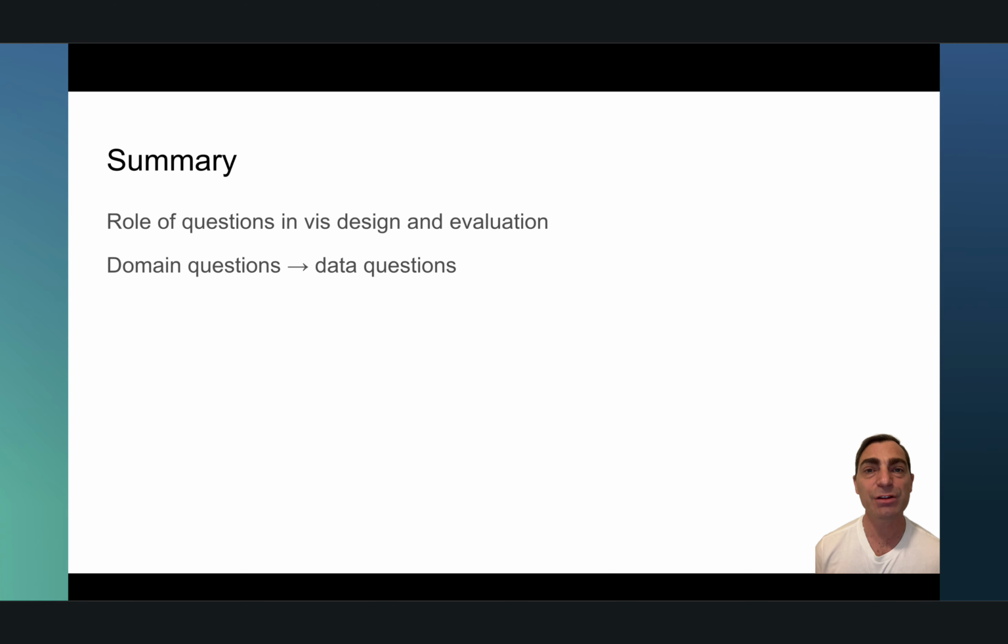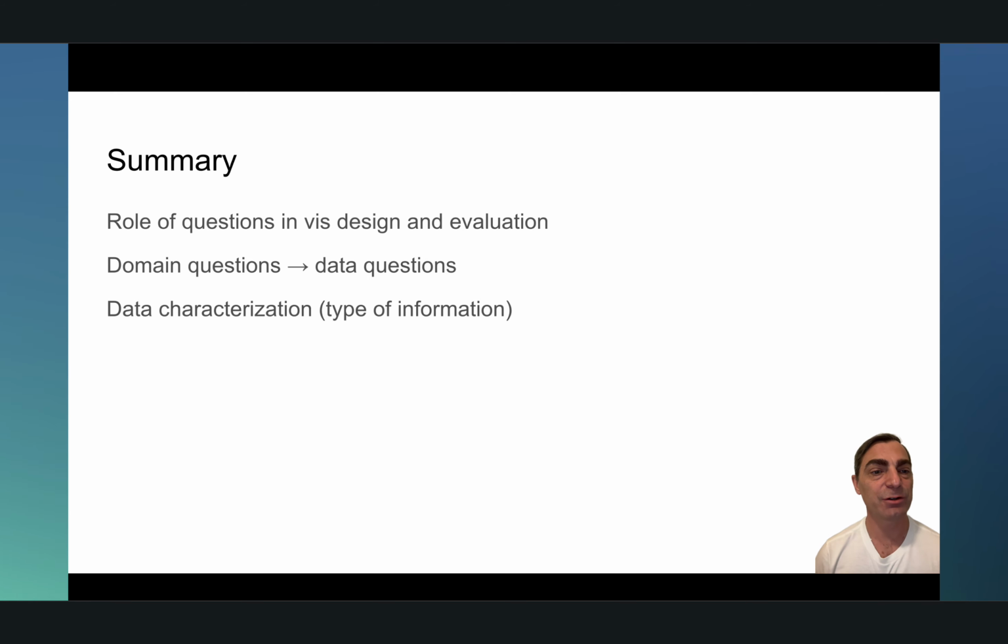So what I encourage you to do is to keep in mind this idea that every time you transform or manipulate data and generate a visualization out of it, you are implicitly going from a domain question to a data question. And if you do it more explicitly, you can make more mindful and effective choices.